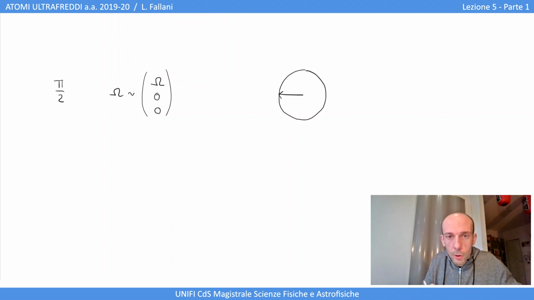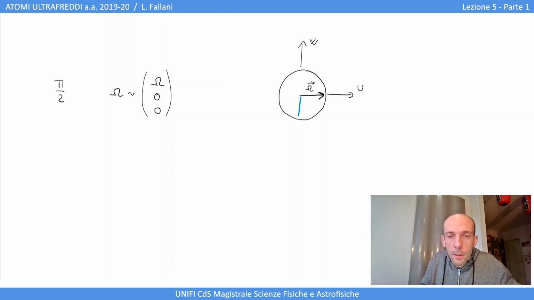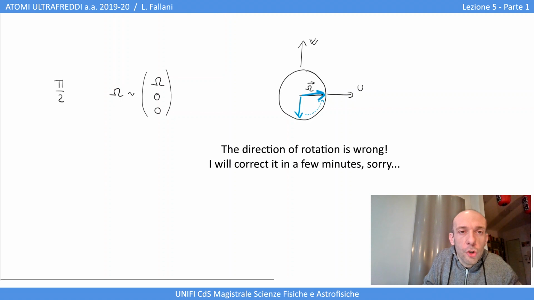Let me show the other way. So if this is direction u, this direction w, so omega is pointing this way, and so in the pi half pulse, the Bloch vector will evolve from this position to this position. Okay, so this is the first pi half pulse which creates the superposition between G and E.